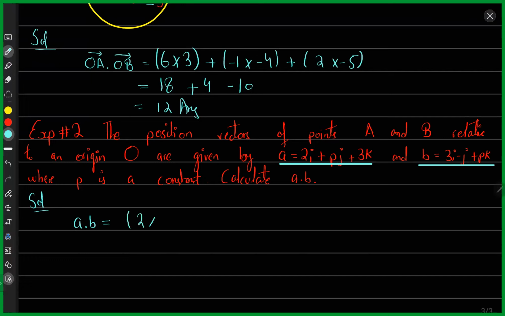This would be 2 multiplied by 3 plus p multiplied by minus 1 plus 3 multiplied by p, and upon simplification I would get 6 minus p plus 3p, and this would be 2p plus 6. This is going to be the answer.